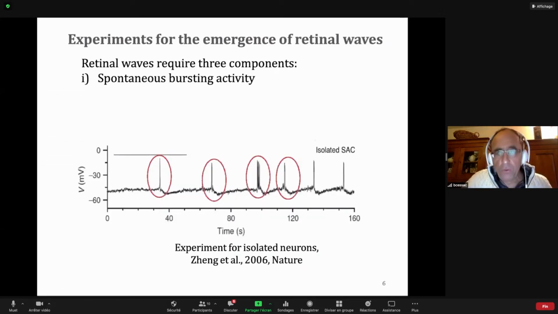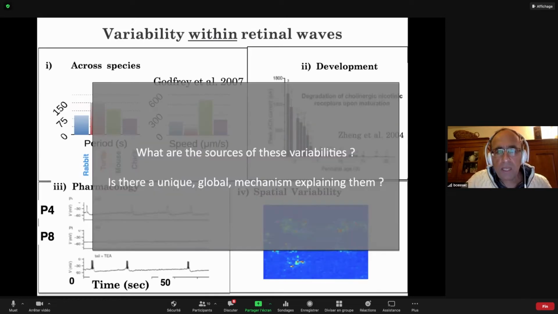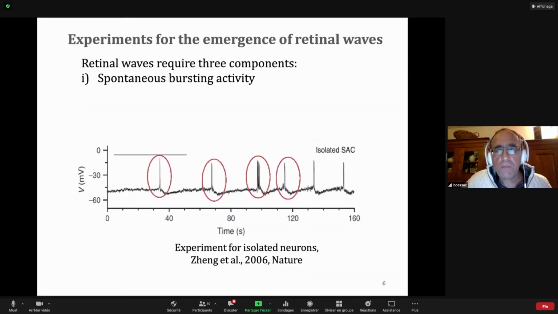Now, if you want to go to experiments, the first thing is to understand what makes these waves. Neurophysiologists have made a very clever experiment, which essentially isolated three main components for these waves. The first one is the bursting of specific cells in the retina, which are called starburst amacrine cells, abbreviated SAC.